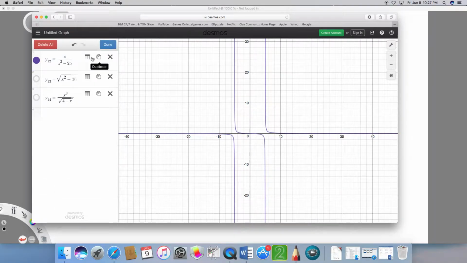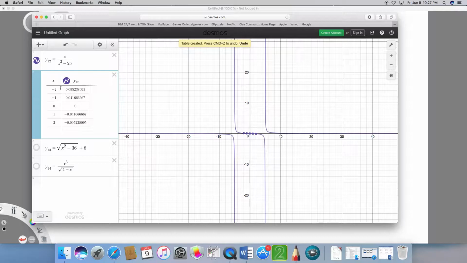If you look at a table, for any x that you pick and plug in, you're going to get a corresponding y value, and that y might be all the way down here, some extreme negative number.